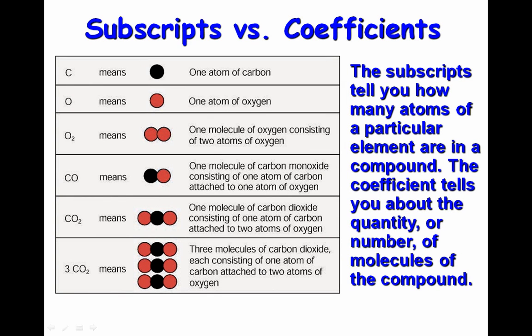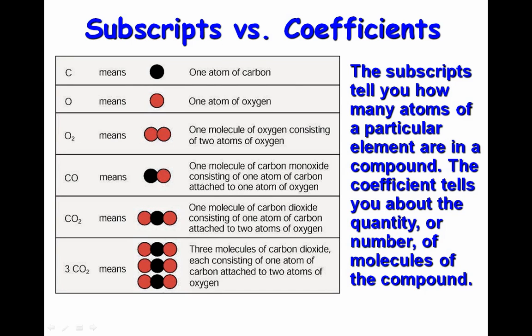So just as a little bit of review, just to reiterate, this part's important, just make sure you understand all of this. If you have carbon, for instance, 1 C means 1 atom of carbon. 1 O means 1 atom of oxygen. If you have O2, that means 1 molecule, but 2 atoms.